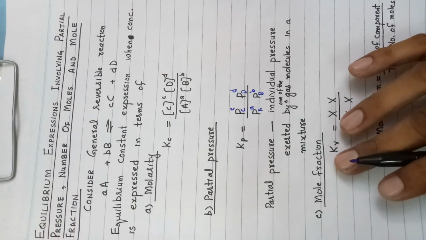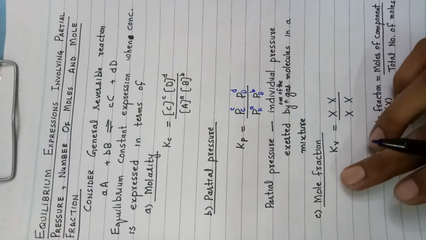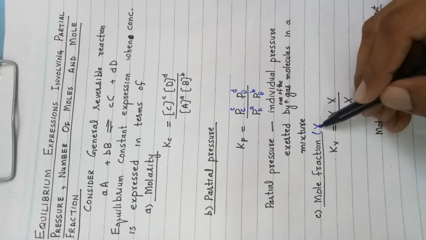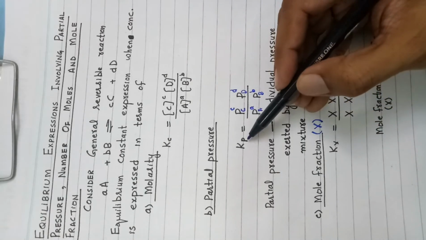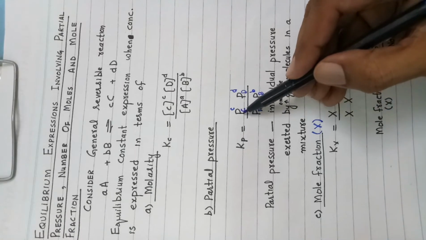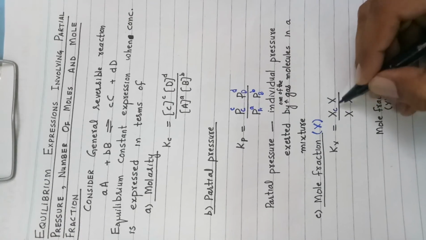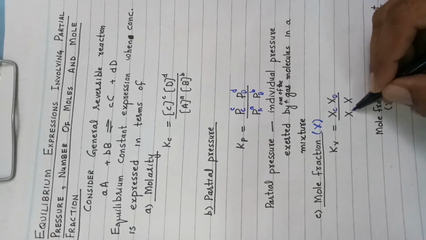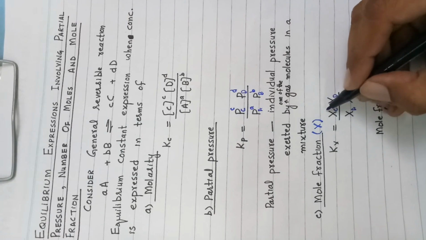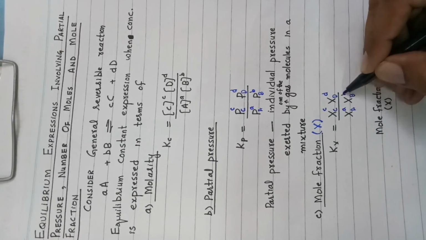Similarly, if we want to write the equilibrium constant expression when concentration is expressed in terms of the mole fraction, it is represented by capital X. So instead of writing P, we will represent it with the X, and instead of partial pressure, we will write mole fraction. So we will write mole fraction of the components C, D, and similarly A and B. And the numbers used to balance the equation will be represented in the form of the exponents c, d, a, and b.